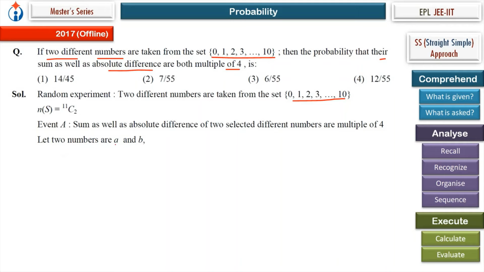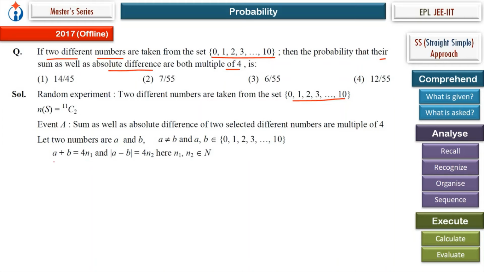So let's look at how we can approach. One way is to write all of them, but that's not the appropriate method. We should start in a sequential mathematical way. So let's take two numbers A and B. A is not equal to B, and A and B both belong to 0 to 10.